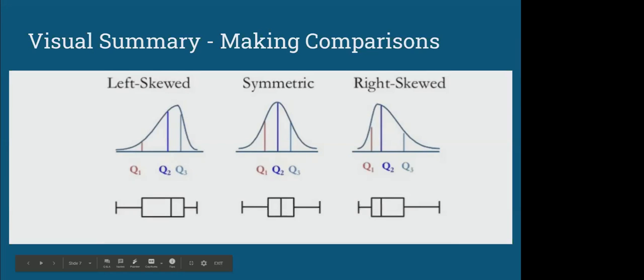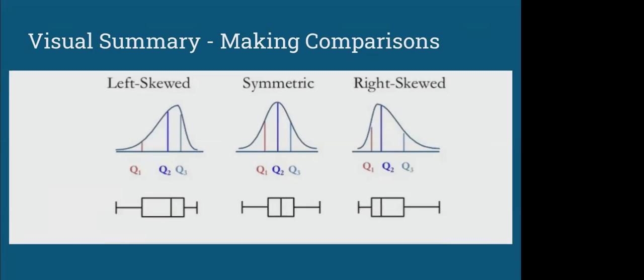And lastly, if it is right skewed, that means the tail of the data is on the right side and the data has been pushed left. So in that instance, again, if it is a histogram, the median of the data set is closer to the median of the lower end of the data.